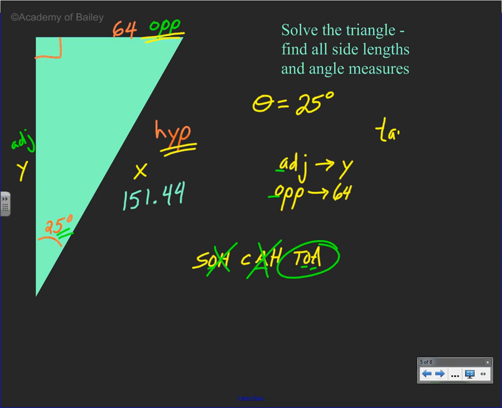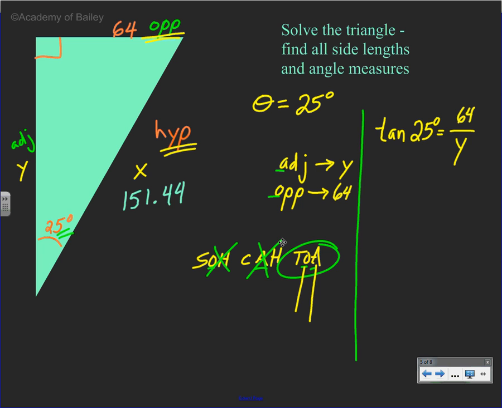So we say the tangent of theta. Theta is 25 degrees. Tangent of theta is equal to opposite, which in our case is 64, over the adjacent, which is y.